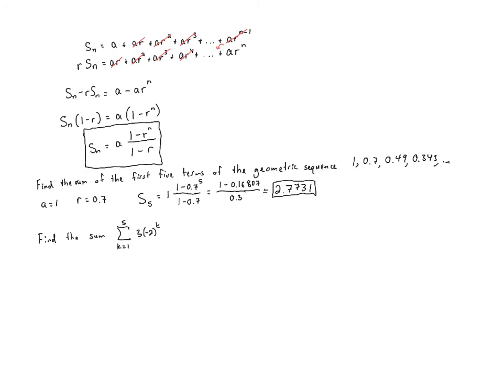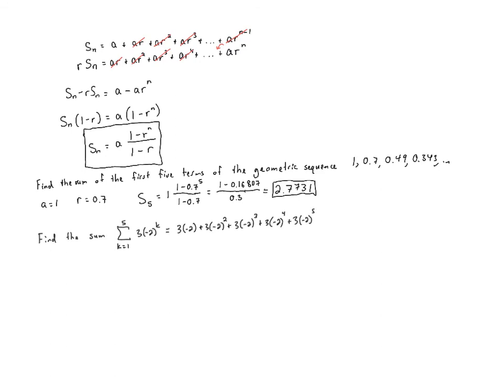So we know that this represents a sum, and we actually could write out what the terms of this are. We've got 3 times negative 2 to the first, plus 3 times negative 2 to the second, plus 3 times negative 2 cubed, plus 3 times negative 2 to the fourth, plus 3 times negative 2 to the fifth.